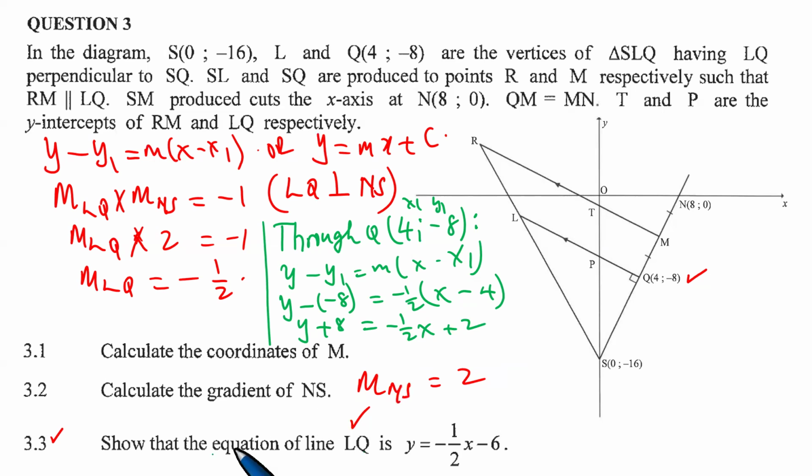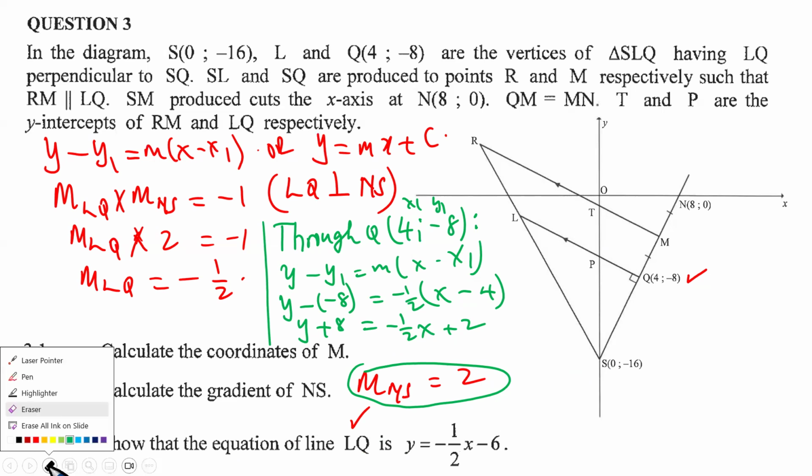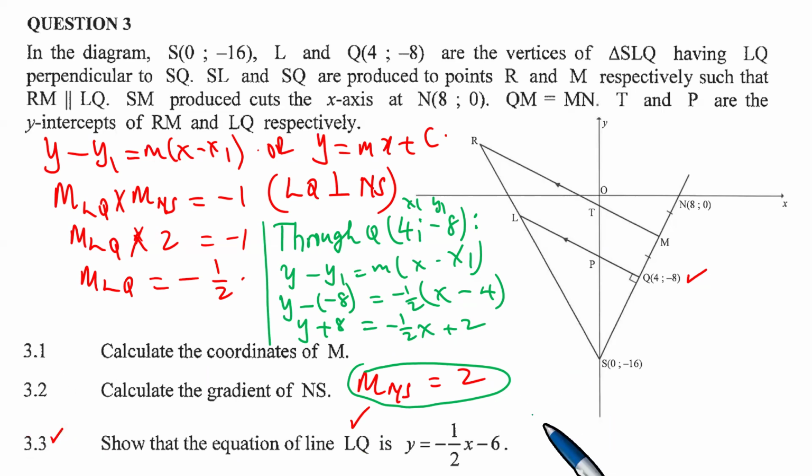And therefore, what you are having here is that in the end, you can write the equation down here. So the equation of the line is exactly y is equal to -1/2 x minus 6, because 2 minus 8 is minus 6.